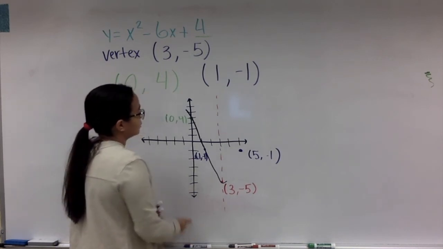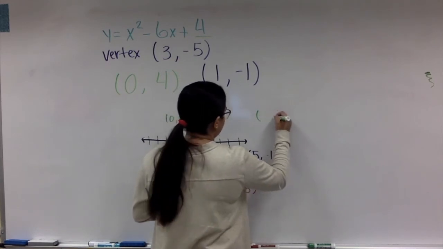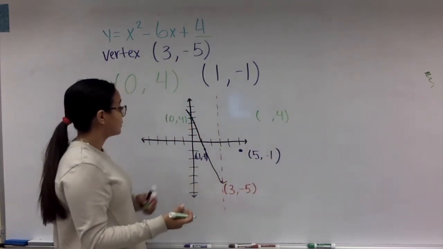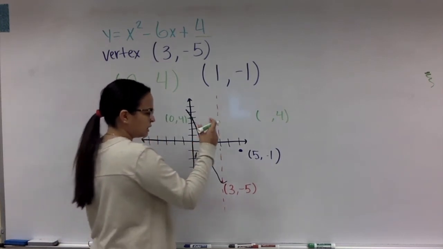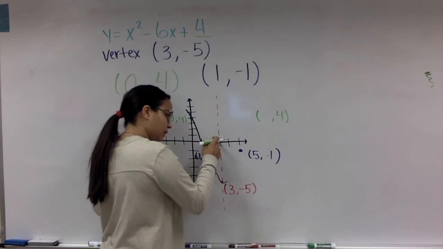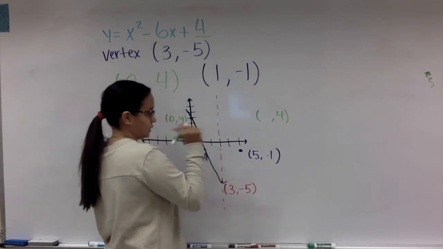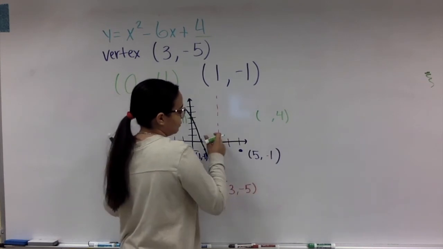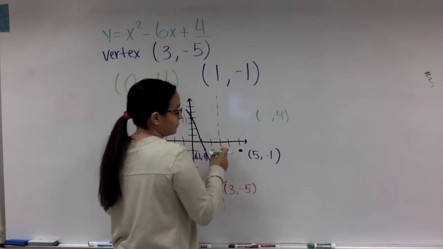Let's go with our top one. Again, our y is going to be the same, so it's going to be 4. Let's figure out what our x would be. So the same thing. From our axis of symmetry, we would move over 1, 2, 3 times in this direction. So we would move the same amount of times, but in the opposite direction from our axis of symmetry.